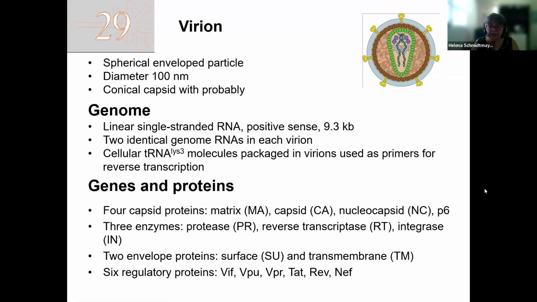However, in addition, HIV has six regulatory genes which play a very important role not only in transcription but also in defense against immune responses. And we will go to them in more detail later. They are vif, vpu, vpr, tat, and nef.